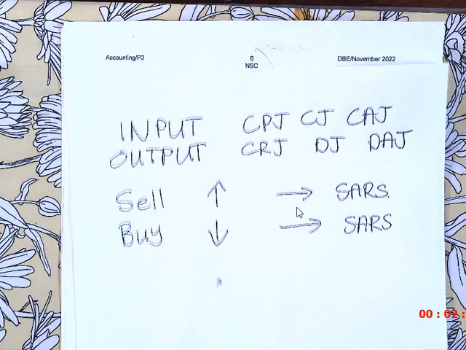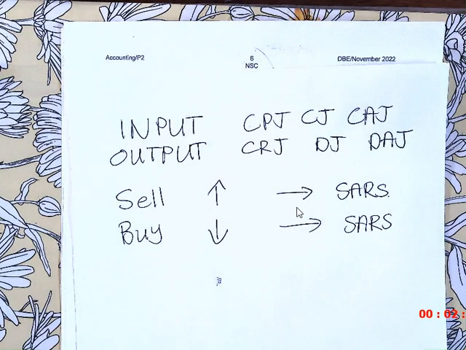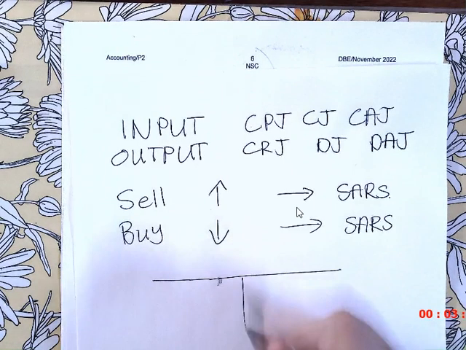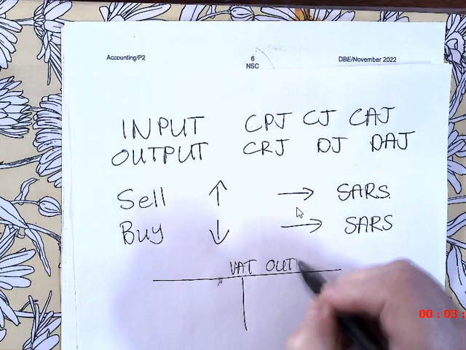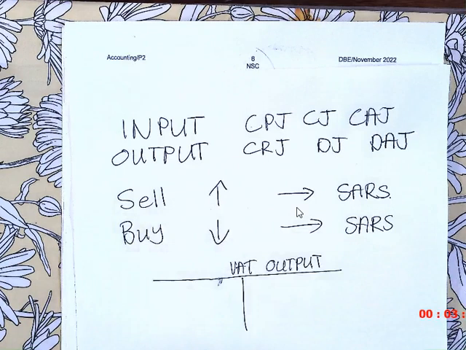Now, in normal life, you're going to do a T account for VAT input and a T account for VAT output. It's going to be two separate T accounts. Now, in grade 12, we're going to use this VAT output T account as a calculation. Okay?